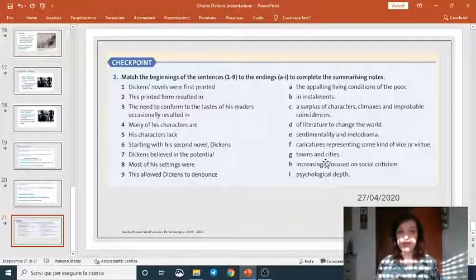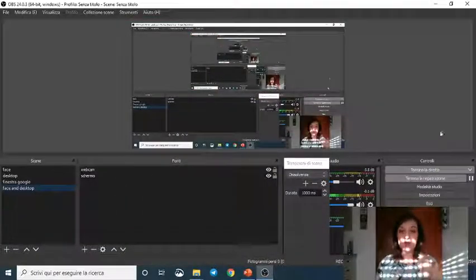I will be more precise. It's the checkpoint. I expect you to do this checkpoint, but I will give it to you as homework tomorrow, because we are meeting tomorrow.